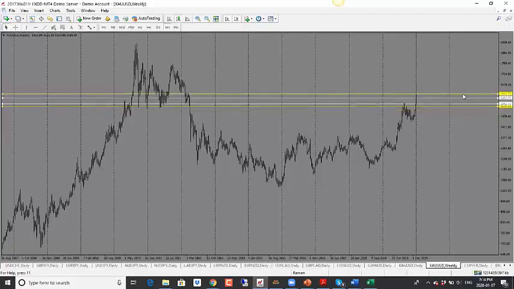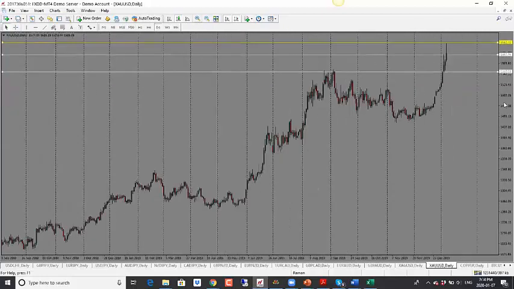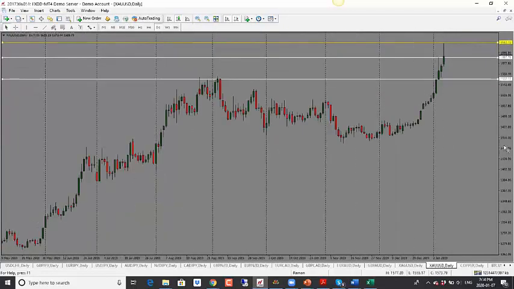So 1600 was reached, and then 1635. So bias again here is bullish. This one again will be very volatile and will react to the news as the situation unfolds, so keep an eye on it. If there's an escalation, this is likely to go up. And should things just calm down, we are likely to see a drop.